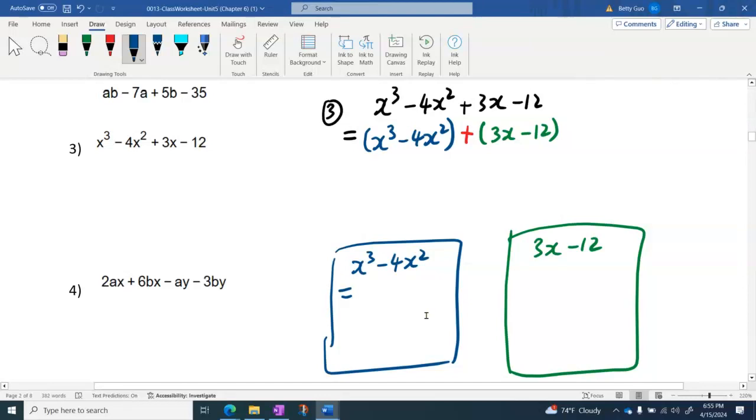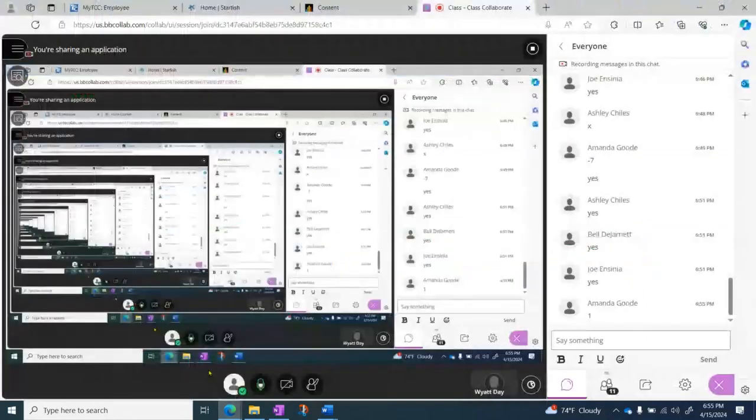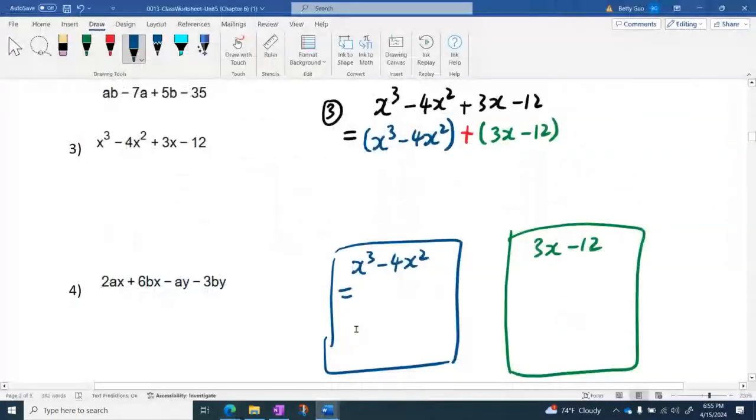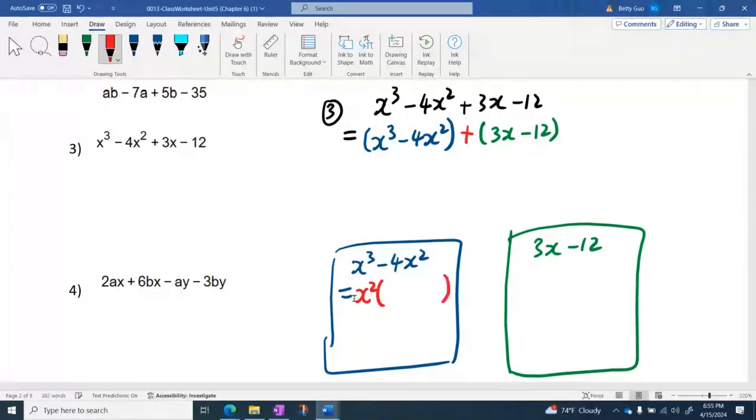What's the GCF of them? One x squared, exactly. Or just x squared. Perfect. Very good. Thank you, Amanda. Awesome. Let me factor x squared out. We learned this earlier, right? Factor x squared out and then times parentheses.